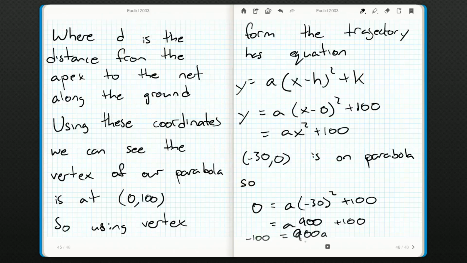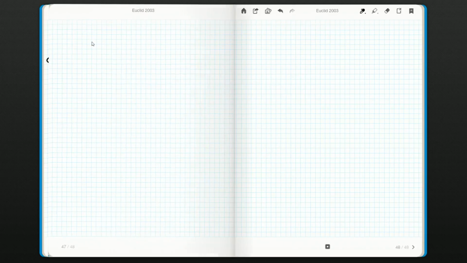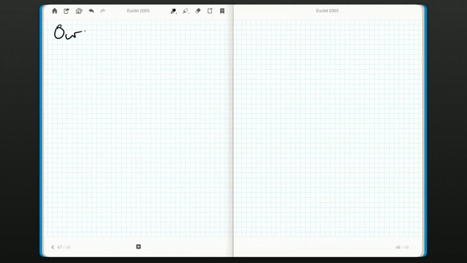Divide those two, and we can see pretty quickly we're going to get a is negative 1/9. Okay. So our equation is y equals negative 1/9 x squared plus 100.